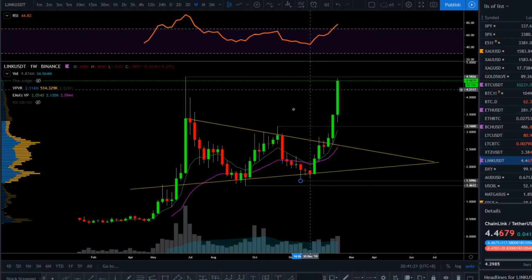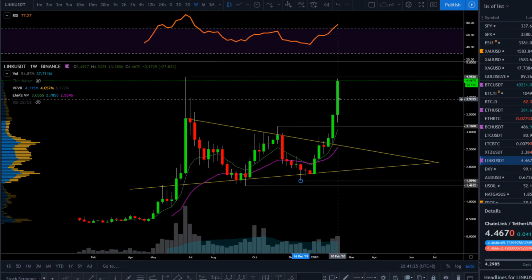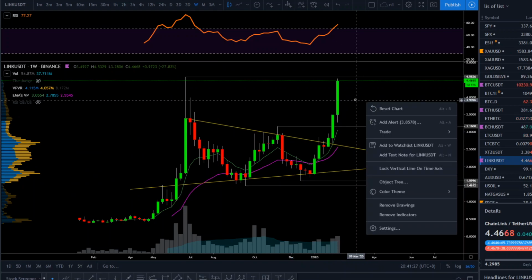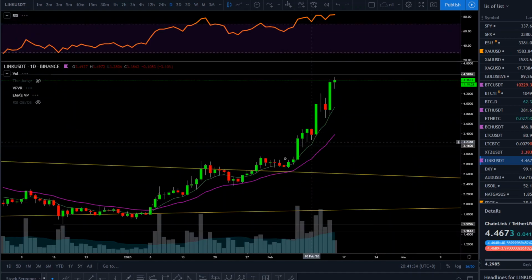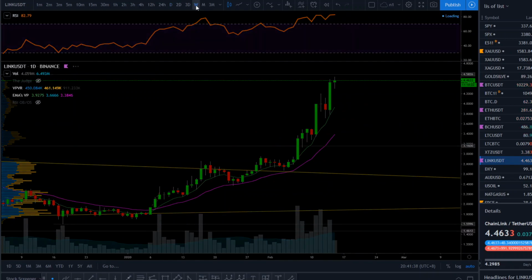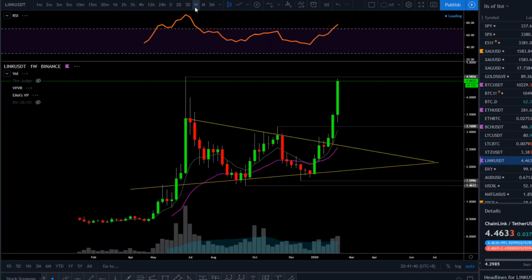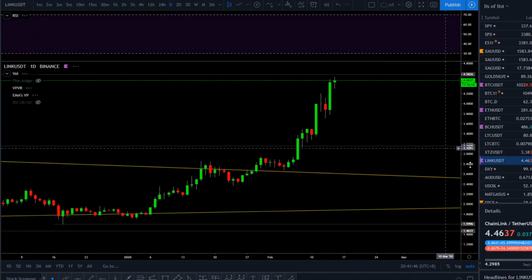Crazy. Link is really good fundamentally, and there's a lot of development happening on it at this moment. So something to maybe buy and hold long term as well. Maybe once it consolidates, because it's just extended on every single level. Oh my god. Wow.